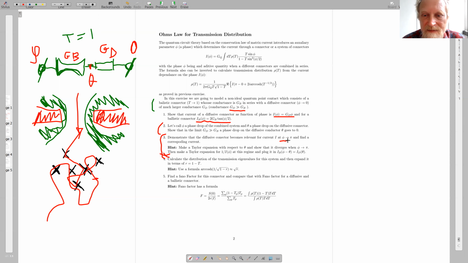First, understand this, and then just go to the vicinity of pi and make approximations related to the fact that the deviation from pi is small.